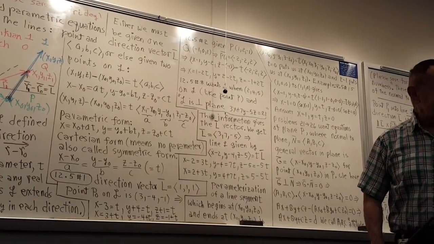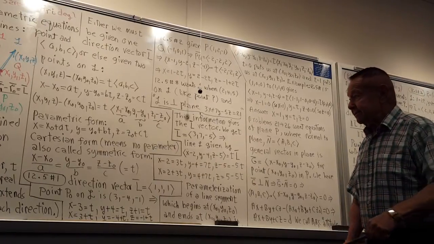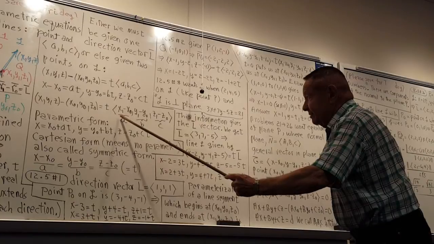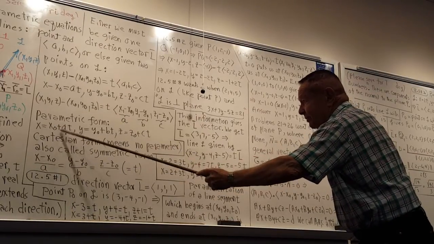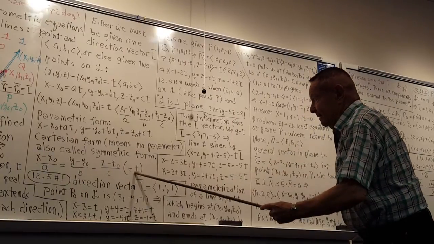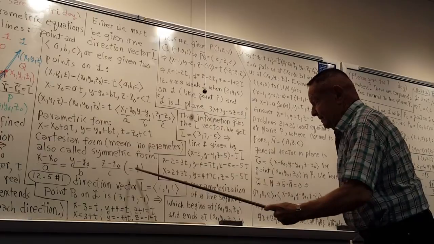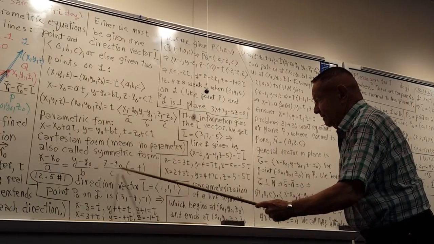It's just using the x, y, z coordinates. So you see, you could write this way, x minus x0 over a is t, y minus y0 over b is t, z minus z0 over c is t.